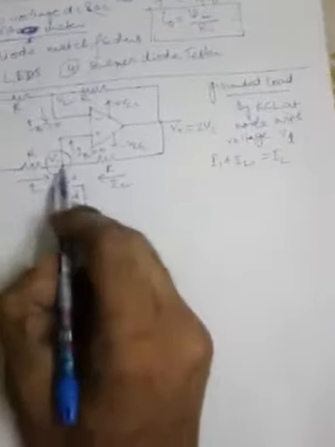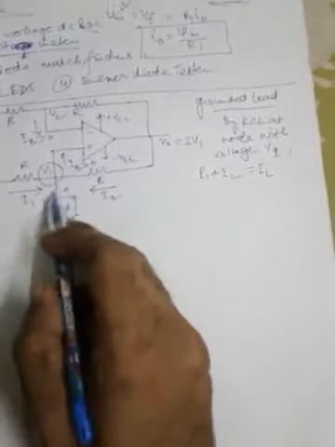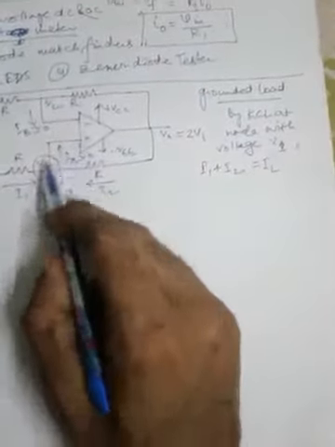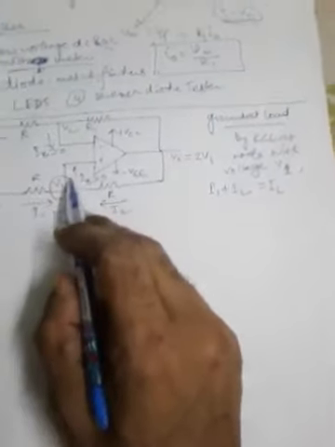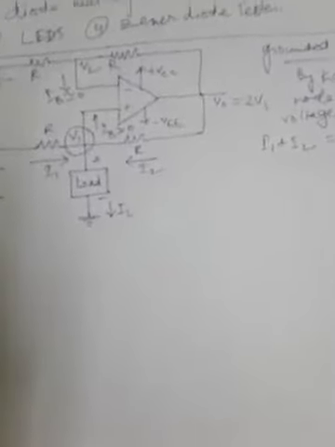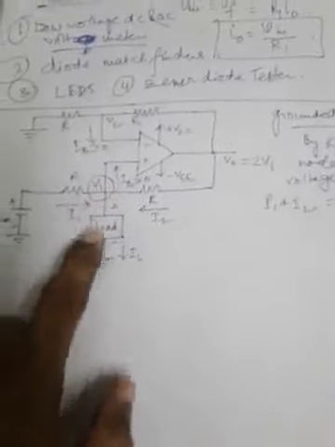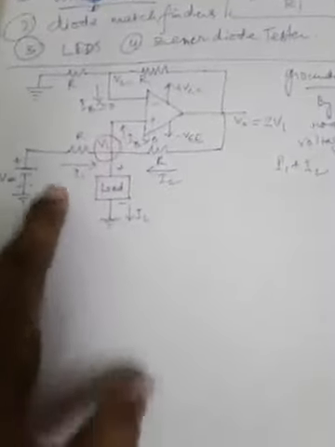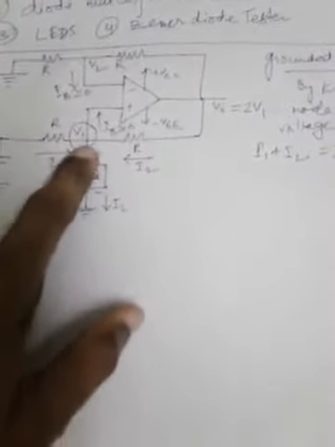At V1, I1 and I2 are the incoming currents from both sides, and the input bias current IB is equal to 0 because of the ideal nature of the op-amp. So I1 plus I2 is equal to this current only, because the other side current is approximately 0. These two currents are added up at V1 and flow through the load as IL. So by KCL, I1 plus I2 is equal to IL.